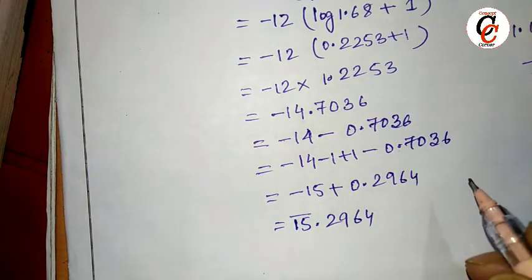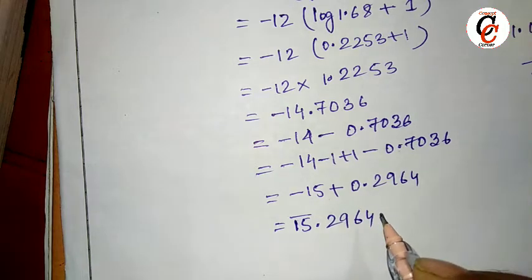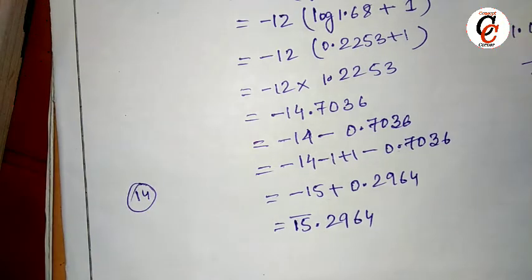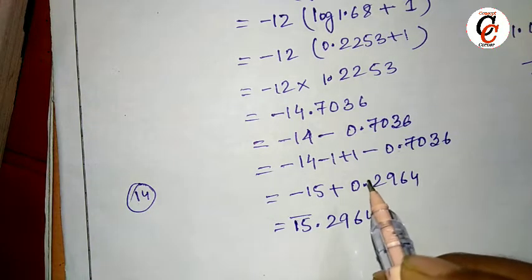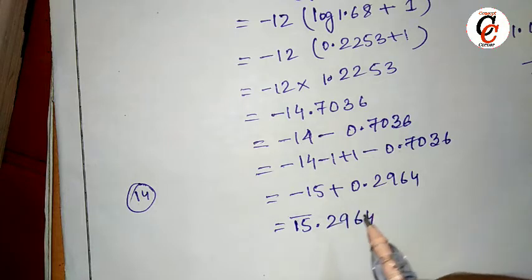Since the characteristic is minus 15, minus 15 bar means what? After the decimal point, to the right side of the decimal point, there are 14 zeros. That means the first significant digit is after the 14th zero.